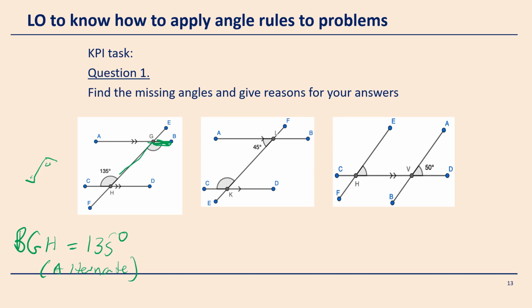Okay, C, K, F. Okay, so these are co-interior because they're in that shape there. So what's 180 take away 45? Well, it's the 35 degree.